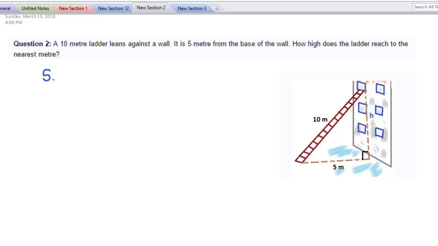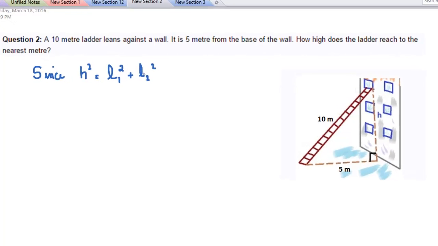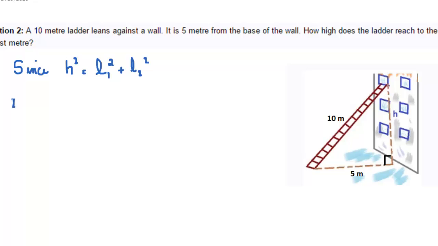I'm going to say again, since h squared, which is the hypotenuse squared, equals leg 1 squared plus leg 2 squared in triangle, we're going to say ABC, let's say, and here I can show maybe A, maybe top B, maybe this one is C. In triangle ABC I can find what? The hypotenuse squared equals leg 1 squared plus leg 2 squared.